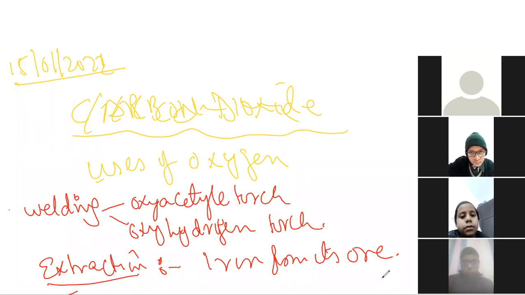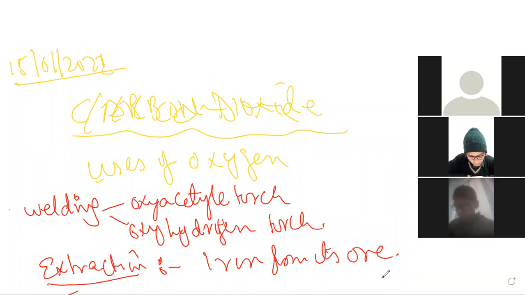Okay, renewal of oxygen. Beta Aqib Khan, please read it. Oxygen is renewed in the air by the process of photosynthesis. Photosynthesis is the process by which green plants prepare their food. Recall what you have learned about photosynthesis in class 6 biology.